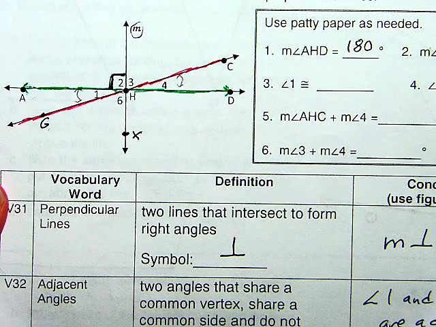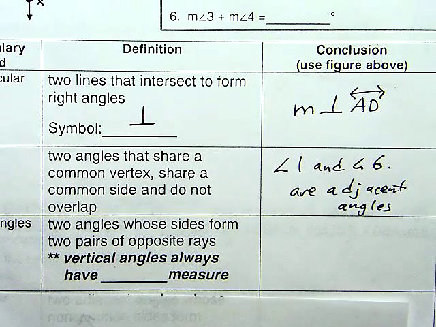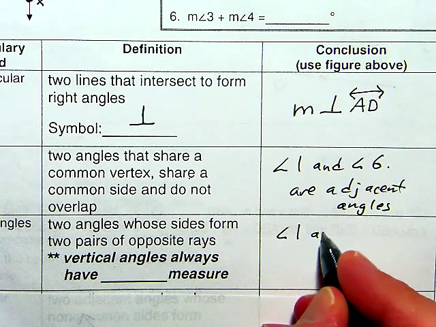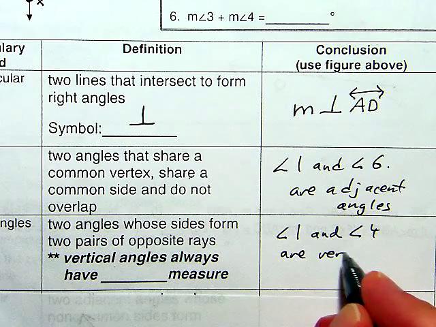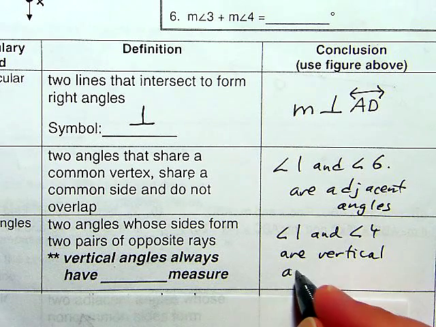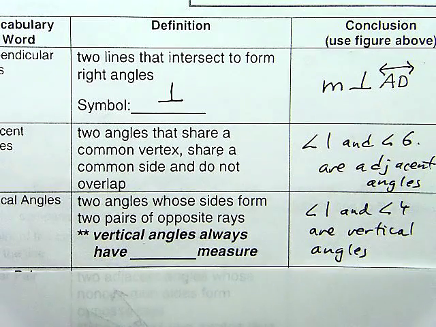So let's write that down over here. So we have angle 1 and angle 4 are vertical angles. But there's something more about vertical angles that makes them so important.